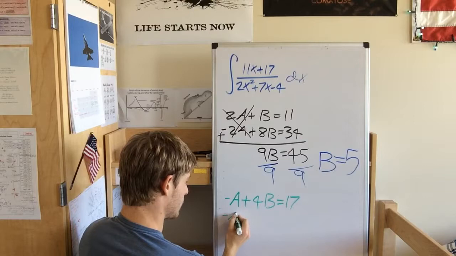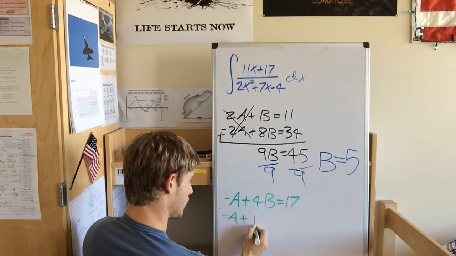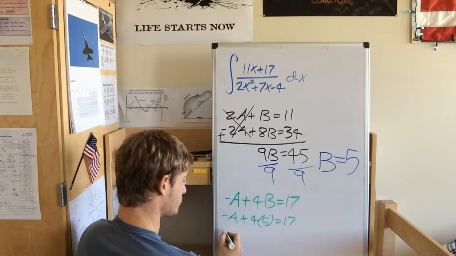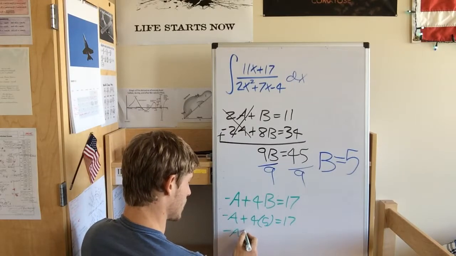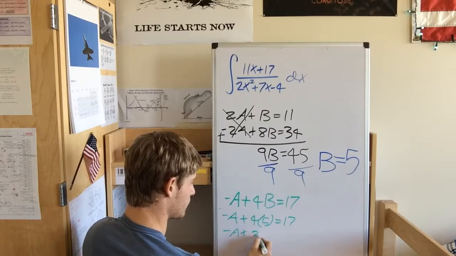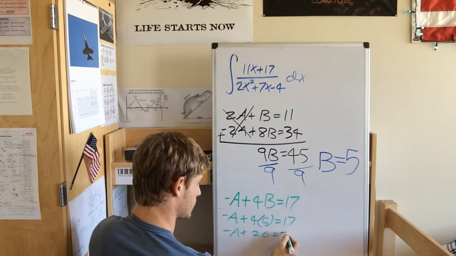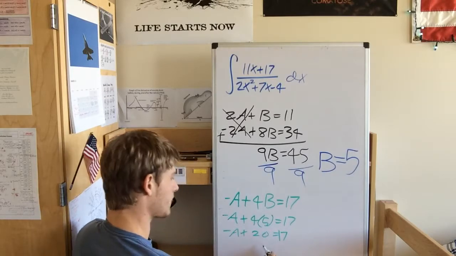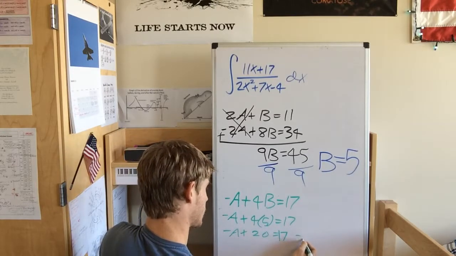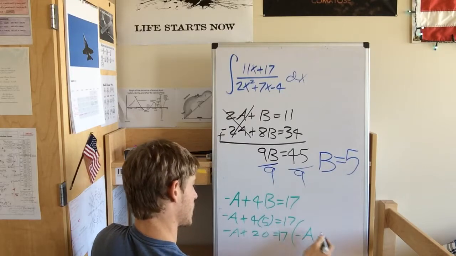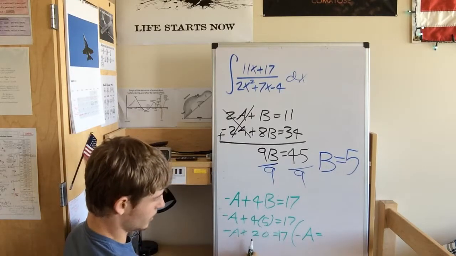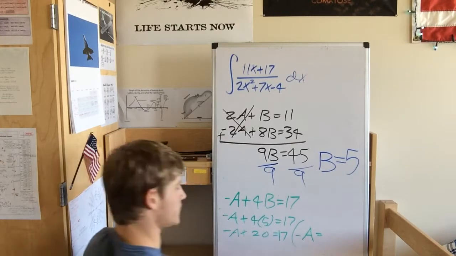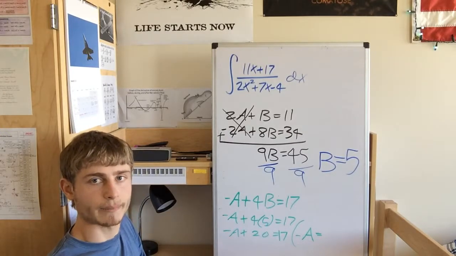So now we have negative a plus 4 times 5 equals 17. That's going to give us negative a plus 20 equals 17. And now we can divide things off. So we're going to say negative a is going to equal 17 minus 20, and 17 minus 20 is negative 3.